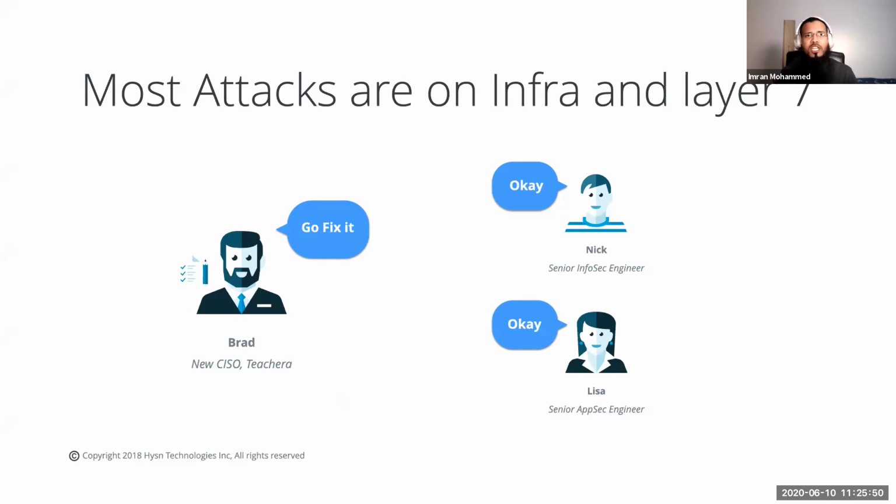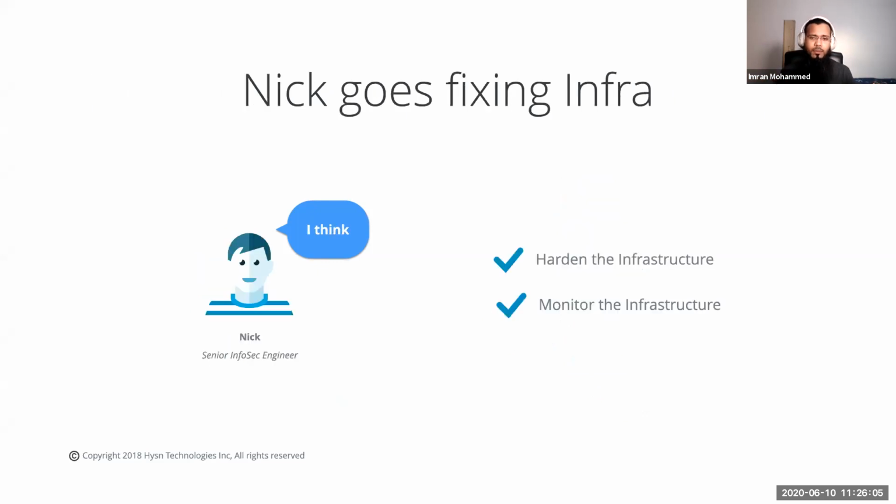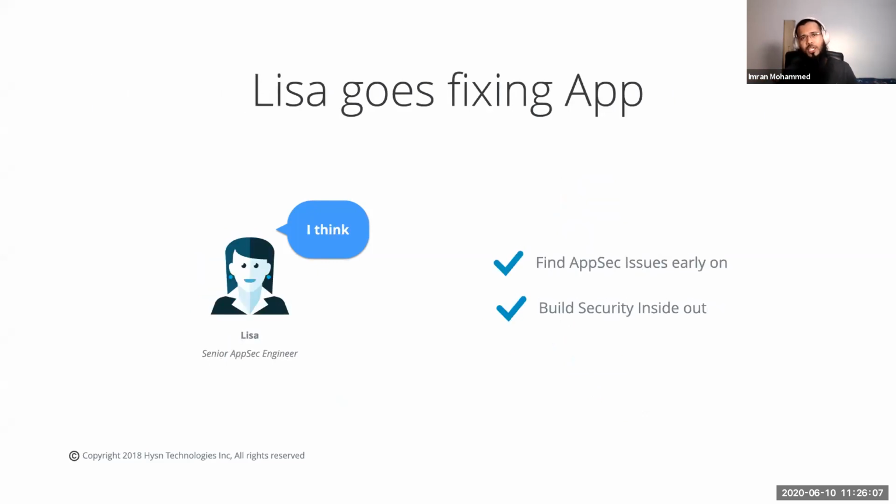The InfoSec engineer is going to take care of hardening, monitoring, that kind of thing, probably towards the right-hand side of the shift left pipeline, or the CI/CD pipeline. Whereas Lisa is hired to help people find application security issues early on, which is relevant to what we are talking about today, and build security inside out rather than patching it at the end. That's what we're trying to achieve here.